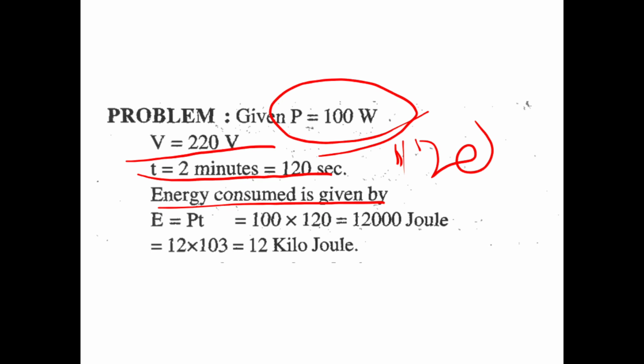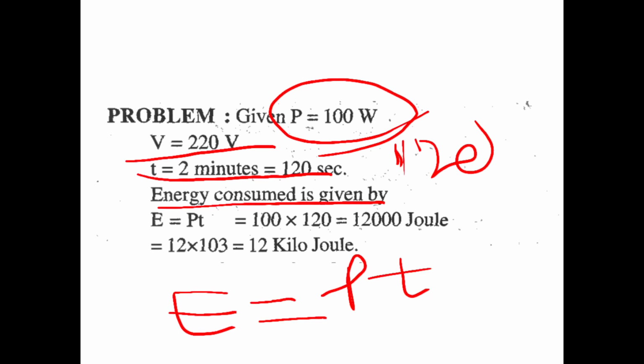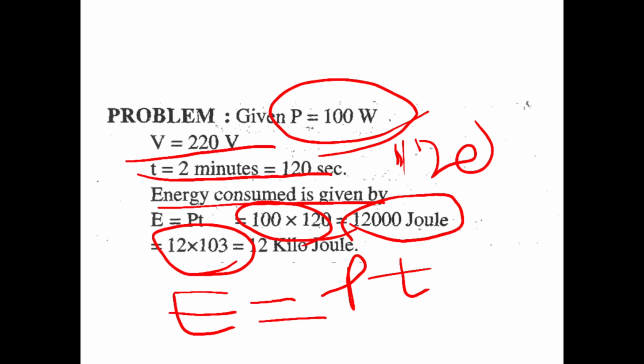So energy consumed E is equal to power into time, that is 100 into 120, which is 12,000 joule, that is 12 into 10 to the power 3, that is 12 kilojoule. Can you understand it?